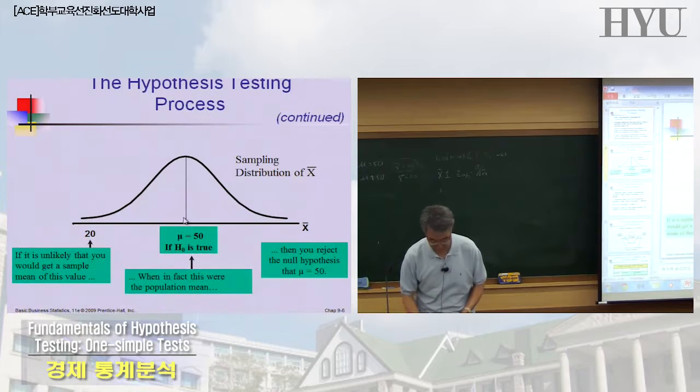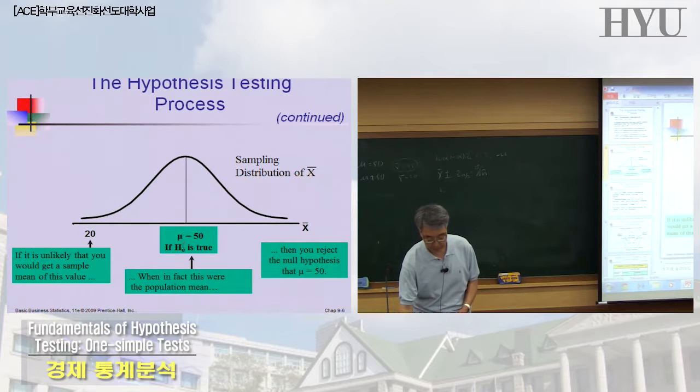Graphically, this is what we're talking about. We have a sampling distribution. This is the distribution of X bar here. When we first learned the sampling distribution, we talked about the concept of unbiasedness. Unbiasedness means if the population is normal, then the sampling distribution will be centered at the population mean.